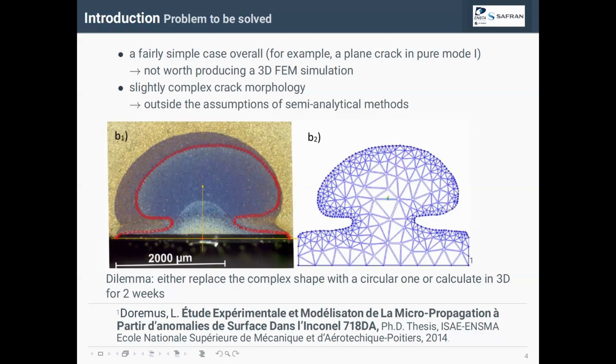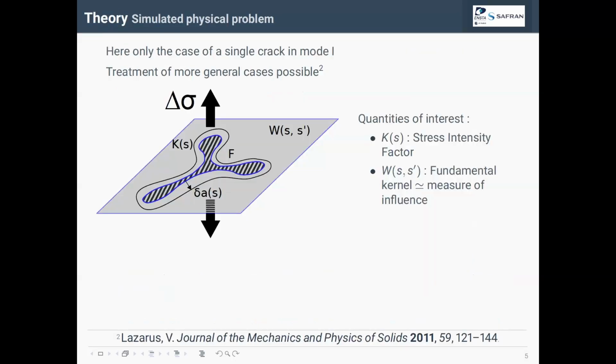And so at the end, you have a dilemma. Either you choose to make very drastic approximations, use semi-analytical methods and have a result now, or you do 3D finite element methods and wait a long time. So a good middle ground would be the perturbative method, and that is what I will talk about.